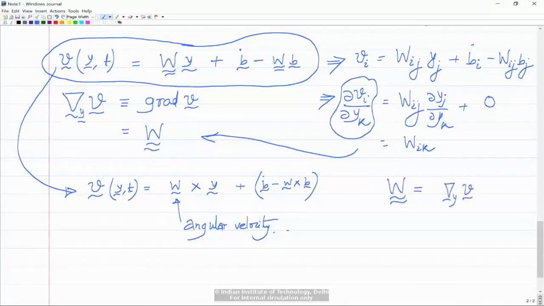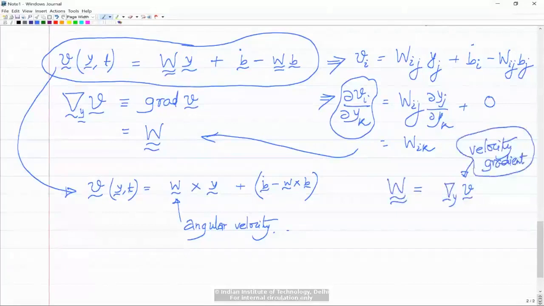That's a velocity gradient, and you will see that it's a very important term for a deformable body. This velocity gradient will turn out to be an extremely important quantity, just like the deformation gradient when you are working at a given time.